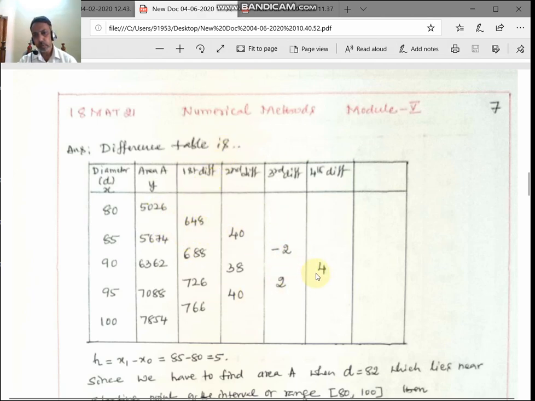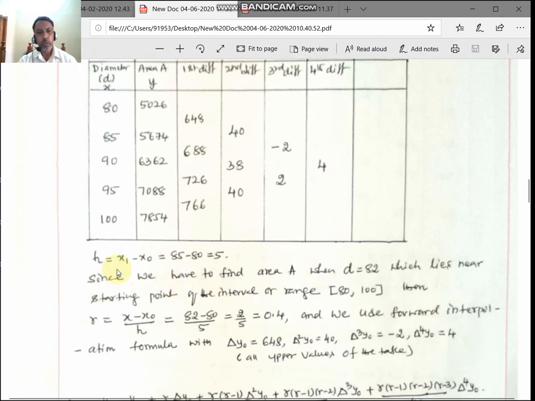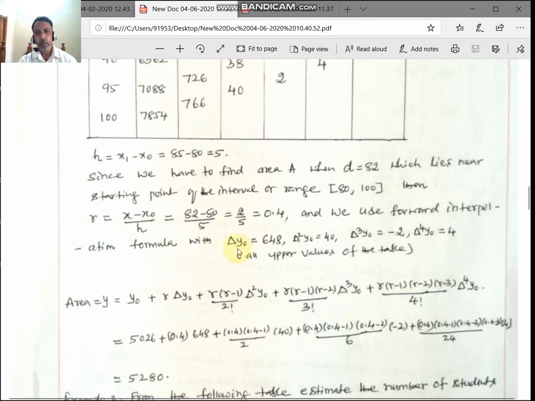These are all the forward leading differences and these are all the backward leading differences. Then the h value is x1 minus x0, 85 minus 80, which is equal to 5. Since we have to find the area A when d is equal to 82, which lies near the starting point of the interval, r is given by x minus x0 by h, and its value is 0.4. Then we use the forward interpolation formula, and del y naught, del square y naught, del cube y naught, del to the power 4 y naught are taken from the table.